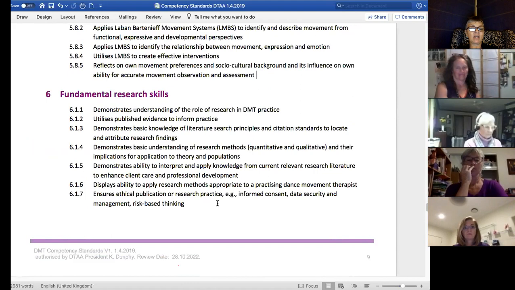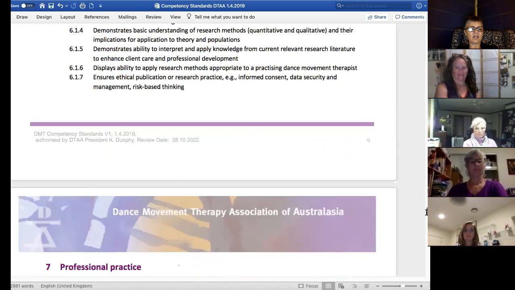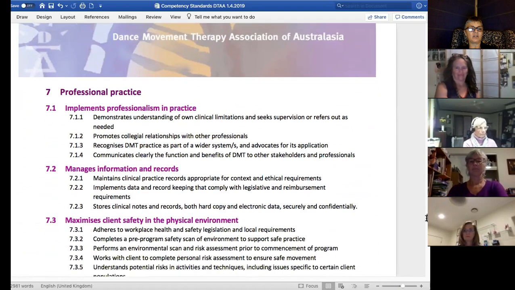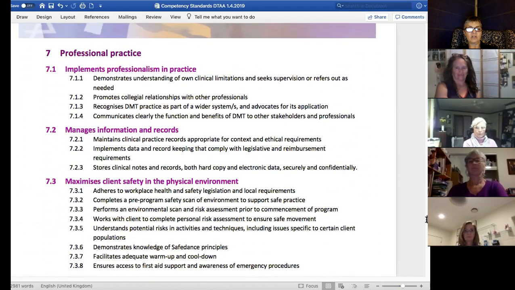So if they are doing anything, they're doing things like having informed consent and managing their data appropriately. This is pretty important, but it's not a major part of a beginning dance movement therapist's work. So we're going to whiz on now to the last section, and then we'll open up for discussion and questions. So handing over to Sandra.